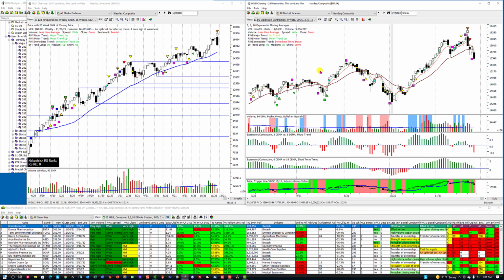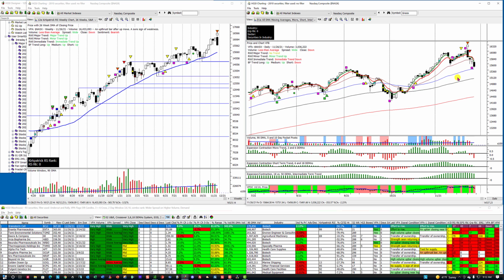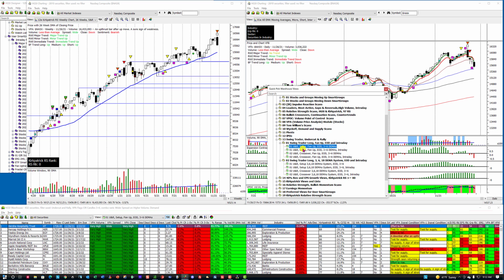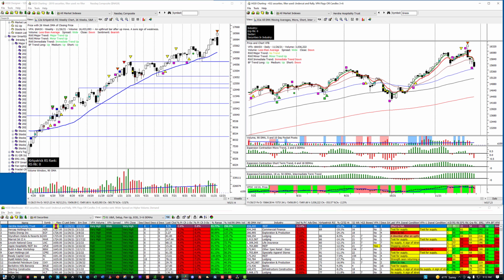I'm just going to go to my number 1 expansion contraction chart. Well, actually, let me go down to number 1A with all of the moving averages first, then go back to this group. So if I'm looking for undercut and rally stocks with a fan up end of day, but the 3 is below the 6, I sort on this.